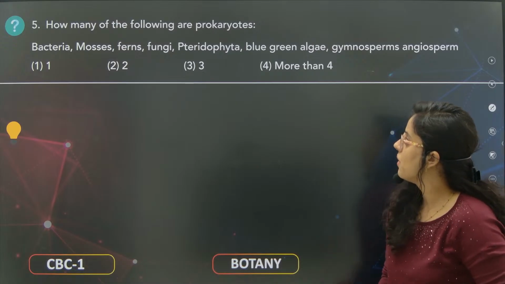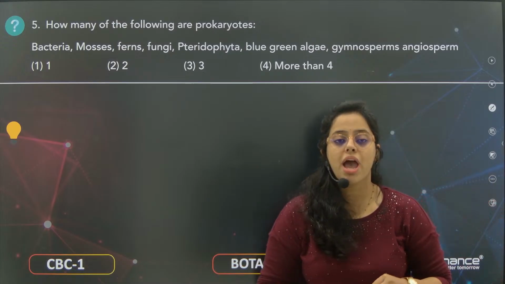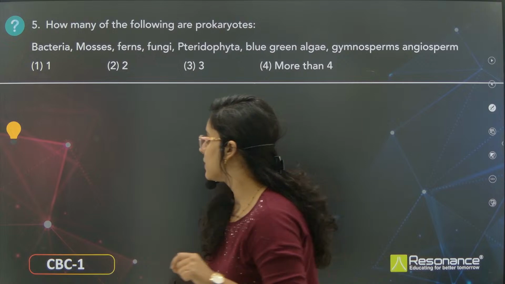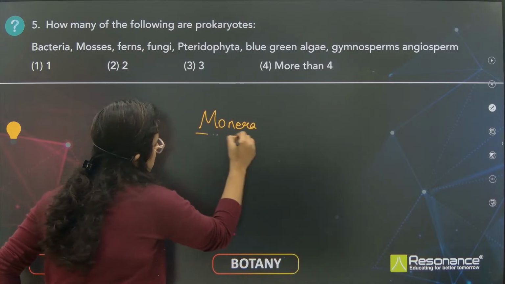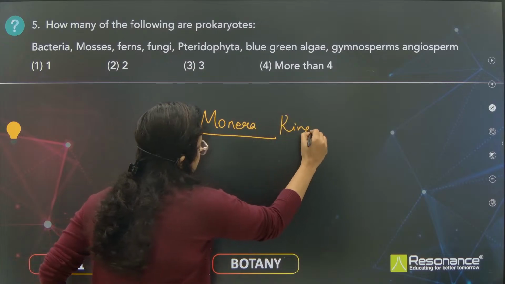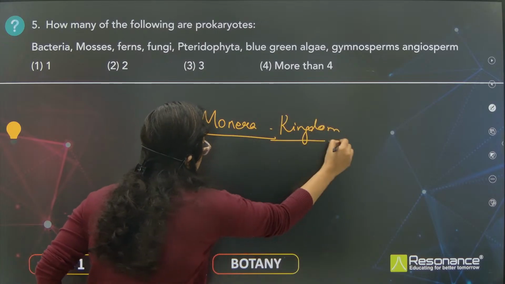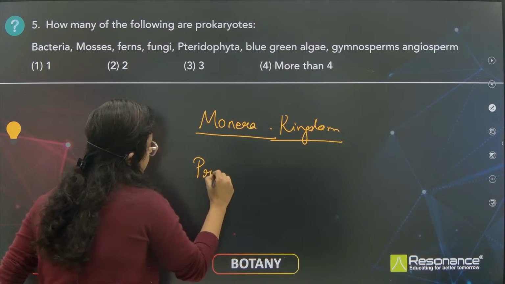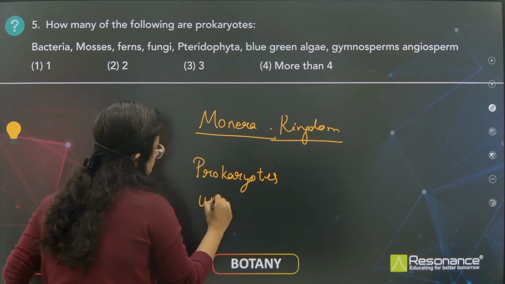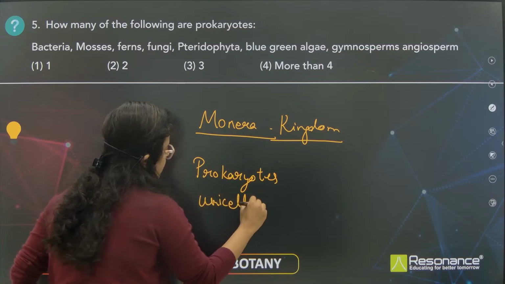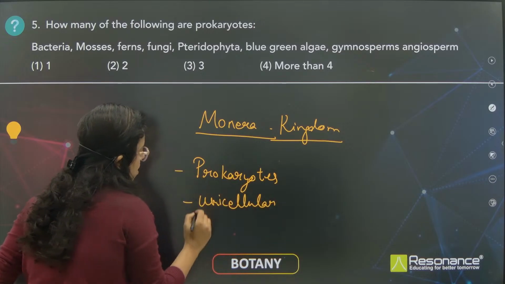Now going to the next question. How many of the following are prokaryotes? So prokaryotes, if you see, Monera is the only kingdom, the first kingdom, which consists of prokaryotes, and they are basically unicellular organisms, which means they have only one cell. They are not made up of multiple cells.